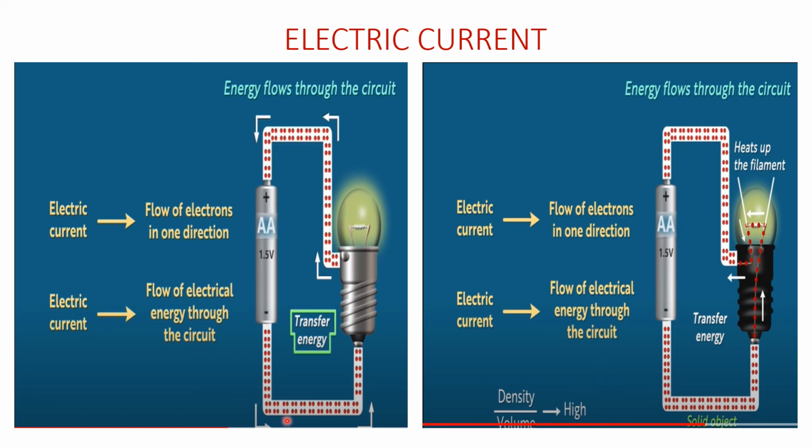This is because the wire is a solid object, so there is no space available for the electrons to move away. But electrical energy transfer takes place from one electron to the next neighboring electron. And this is how the electrical energy transfer takes place throughout the circuit.